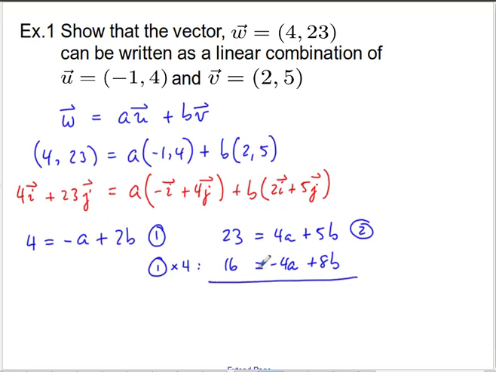Now I'm going to take this third equation and add them. 23 plus 16 gives me 39. 4a minus 4a gives me 0. And 5b plus 8b gives me 13b. Then I divide both sides by 13, and I end up with b equal to 3.